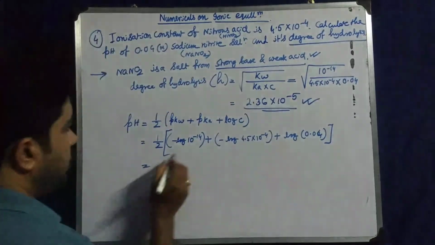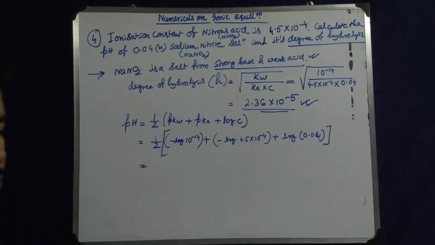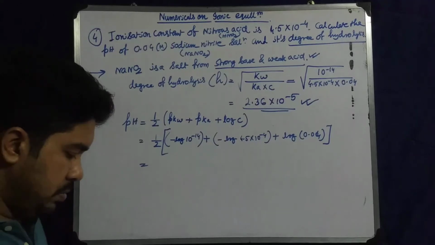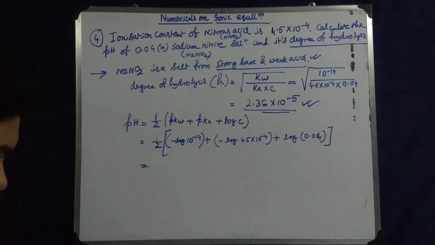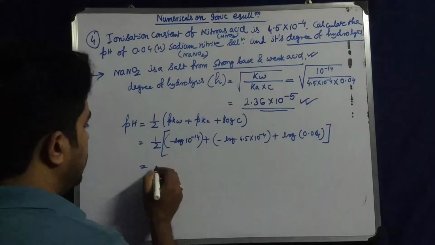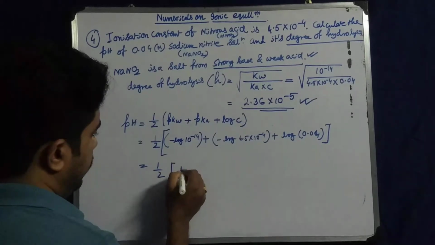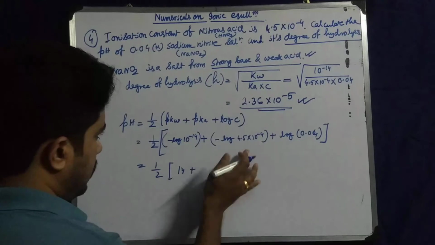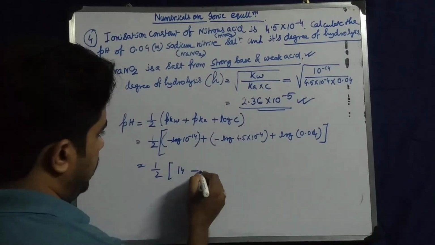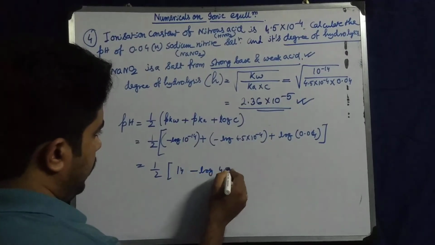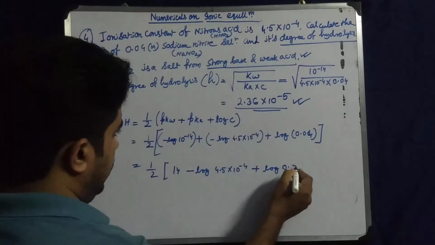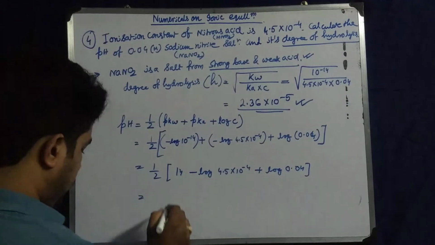That will be your calculation. Look at that. This big calculation you have to do with the help of logarithm. Let me calculate it for you. Make this easy. So half, then 14 plus, if we take the log outside, then it will be minus log 4.5 into 10 to the power minus 4 plus log 0.04. What will we get?